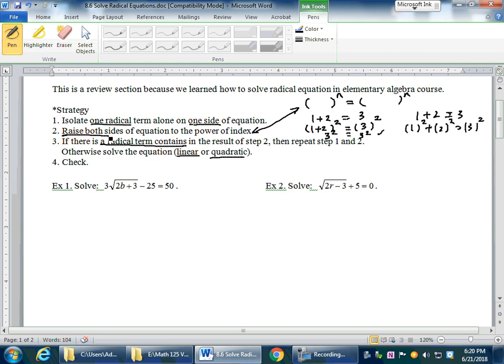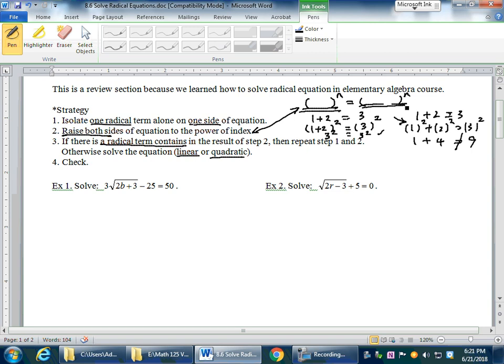Because if you take a look at this, 1 squared is 1, 2 squared is 4, 3 squared is 9. These two are not equal to each other. So raising the power of each term is the wrong way of doing it. You have to remember, when you raise the power, you raise the power to the entire left and entire right. And then we simplify from there.